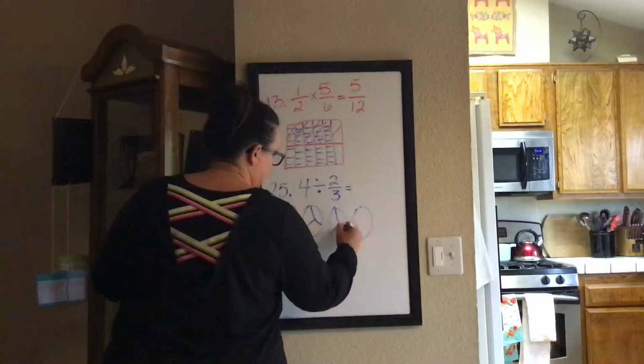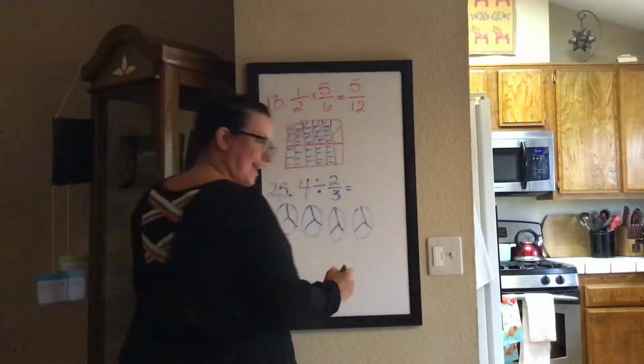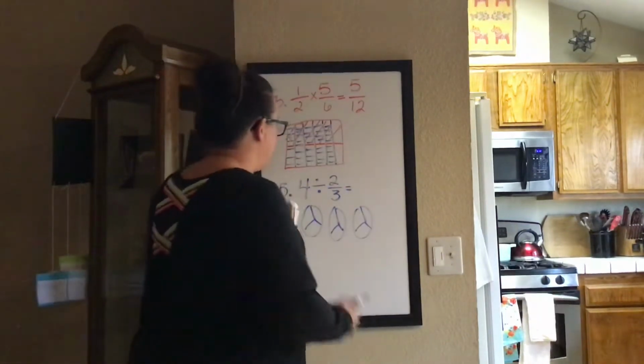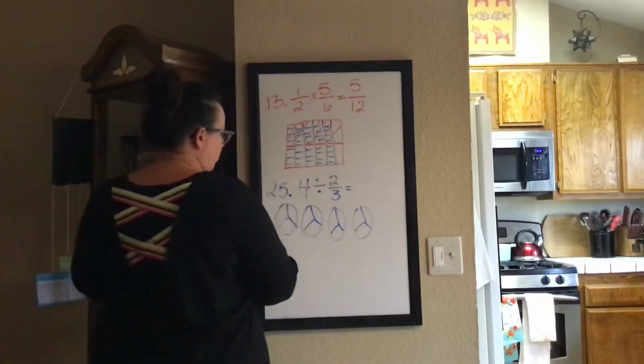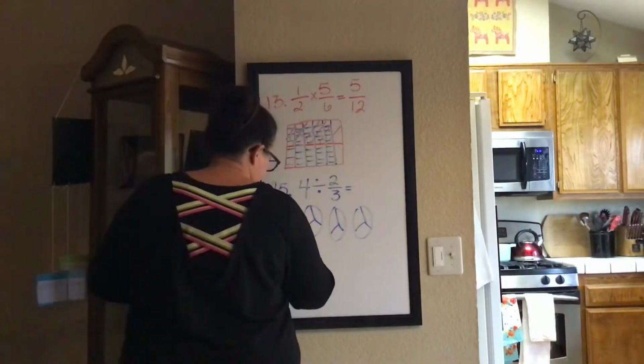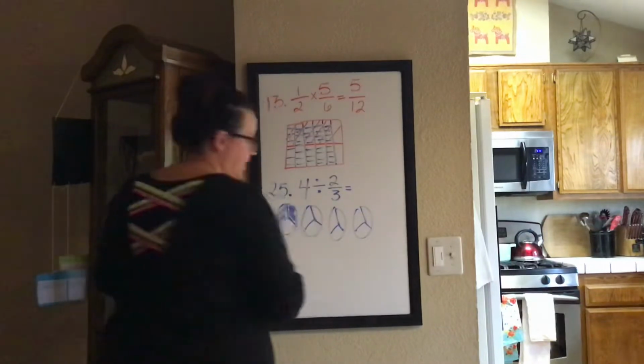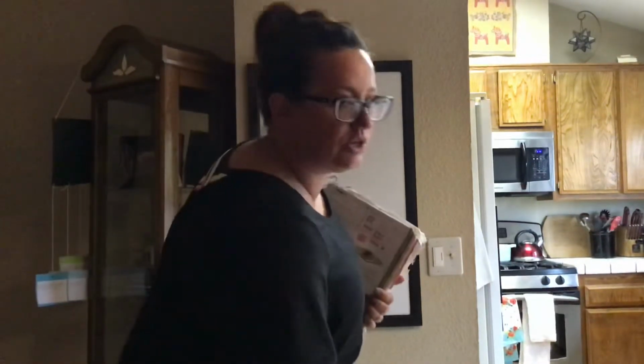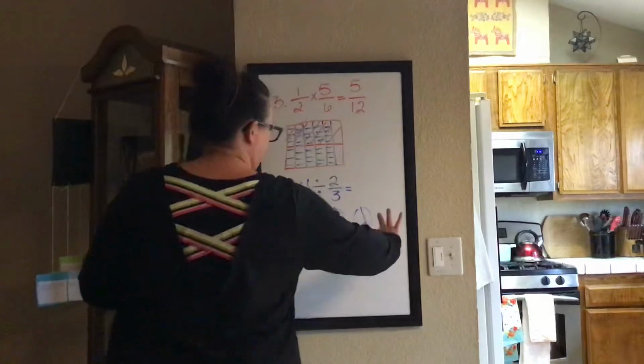And math is always helpful, right? But I don't just want 1 2/3, right? Here's 1, 2, there's 2/3. No, it's how many times can I do 2/3 into all 4 of these?